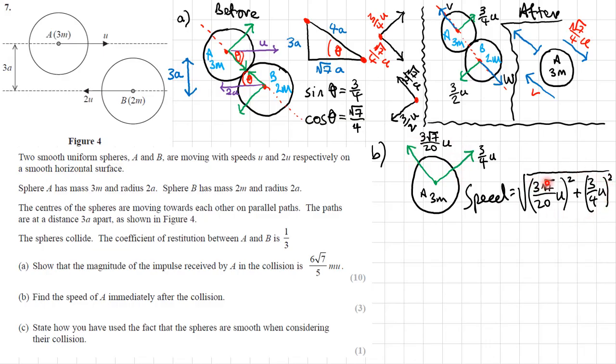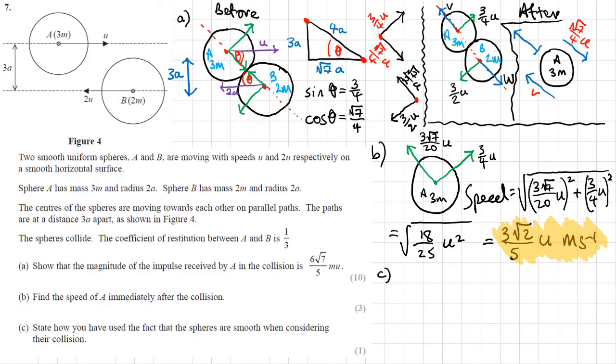So we'll take both numbers, we'll square them and square root them. When we do that, that will give us the square root of 18 over 25 u squared, and taking a positive square root of that, we get 3 root 2 over 5 u. That's going to be meters per second. So there's our speed of A after the collision.